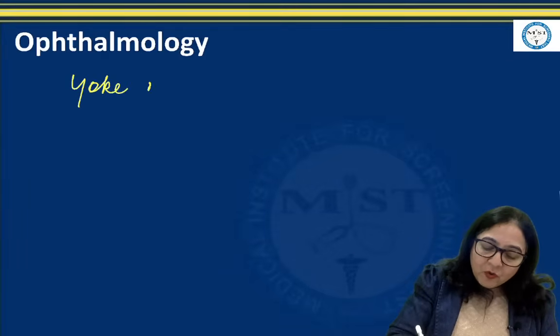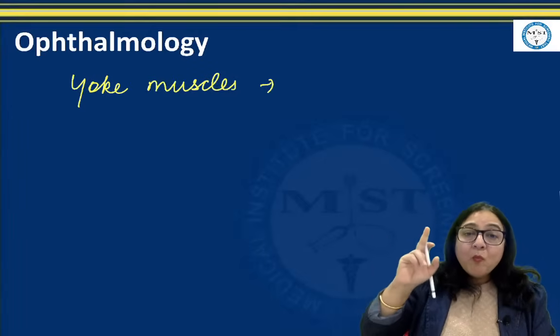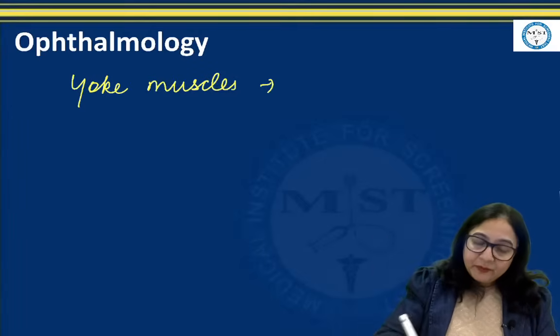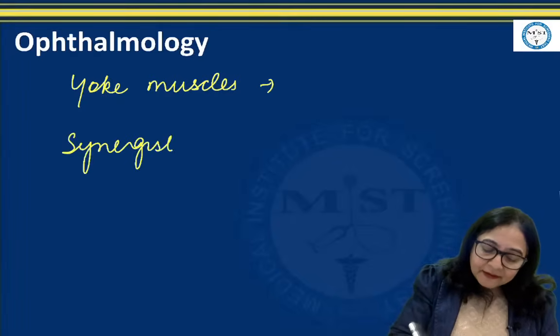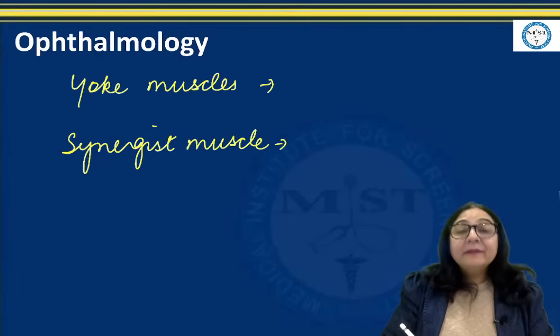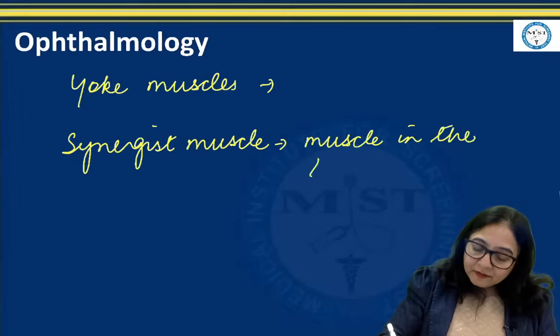Yoke muscles are the muscles which move the eyes in the same direction, one muscle in each eye. Whereas a synergist muscle is a muscle in the same eye for the same movement.